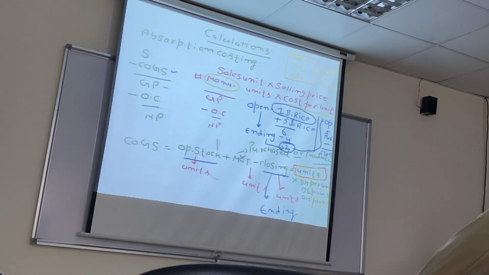This number is given in your question: marketing, advertising, and so on. Subtract, you got this number. Is it okay? Any question? Anybody has any question or move on? Move on.